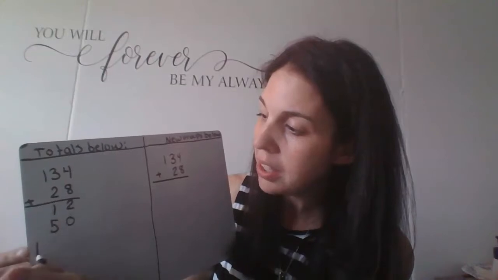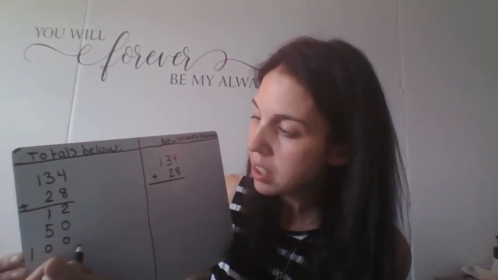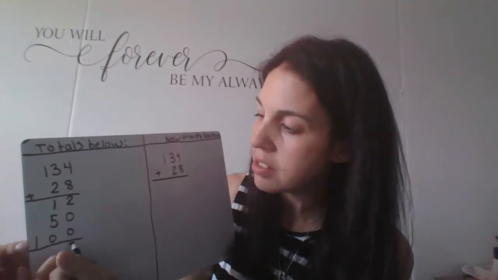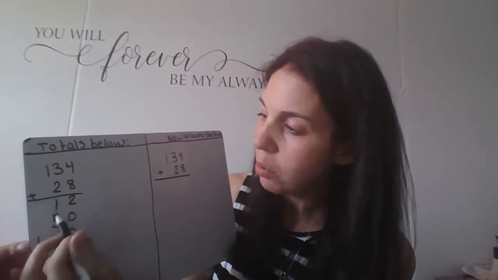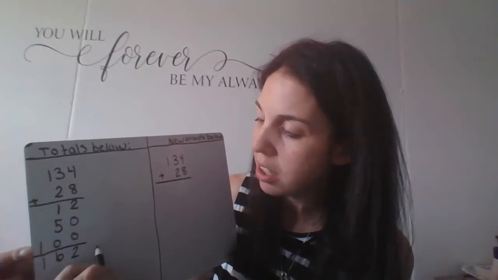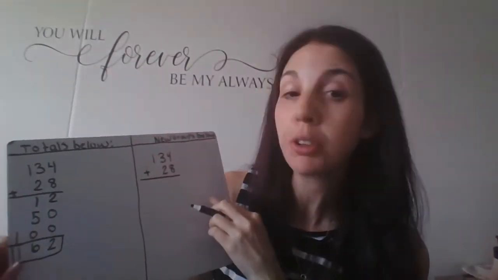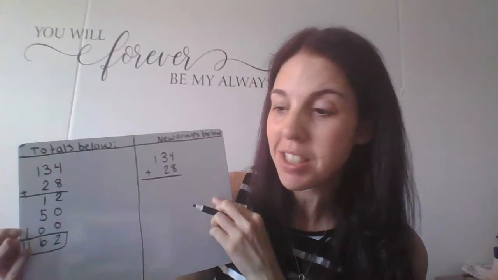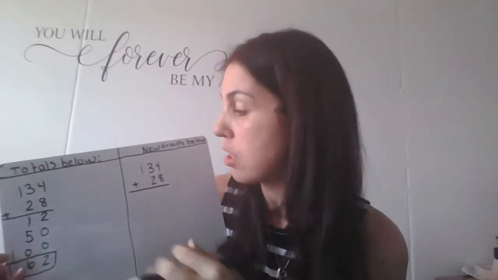Remember to put your 1 in the hundreds place. And then we have it here. And then we just simply add 0 plus 0 plus 2. 1 plus 5 is 6. And 100 is 162.